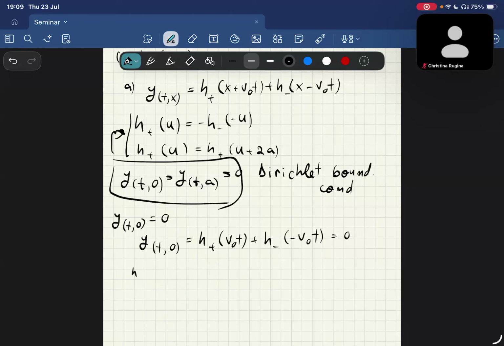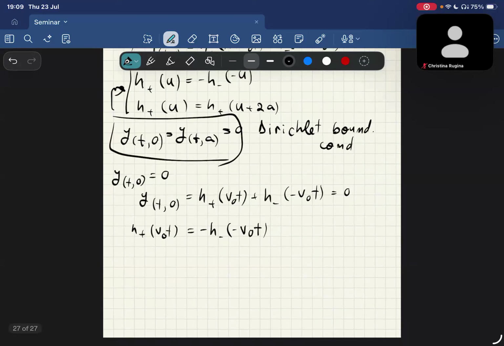So h plus of v0t is equal to minus h minus of minus v0t, okay? And we can use a dummy variable here for the v0t. We can just note it as any other variable.